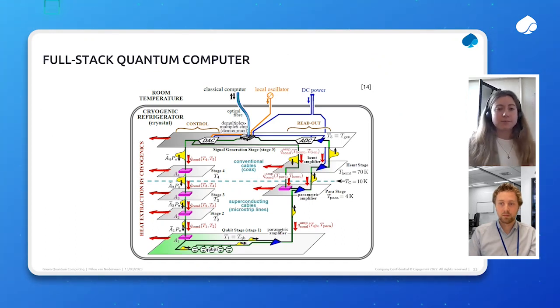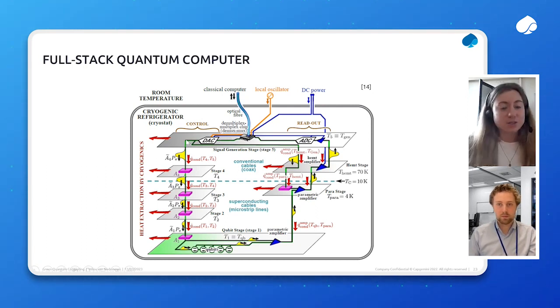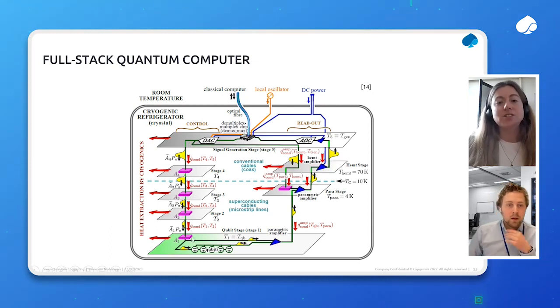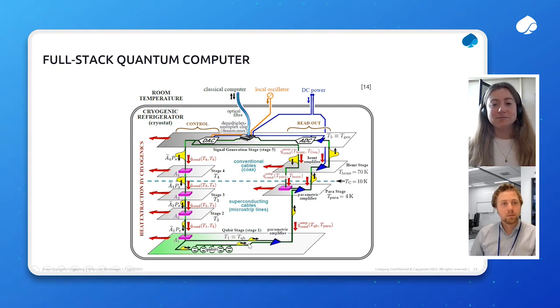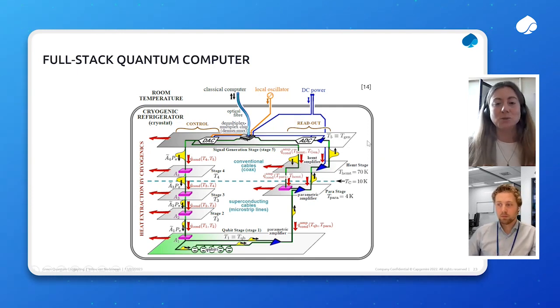This is a visualization of how such a quantum computer system would look. You can see that the signal goes in from the classical computer, and then a large range of electronics and different temperature stages is used to finally do something at the qubit stage, at the quantum level, and vice versa, before the result is sent back to the classical computer.